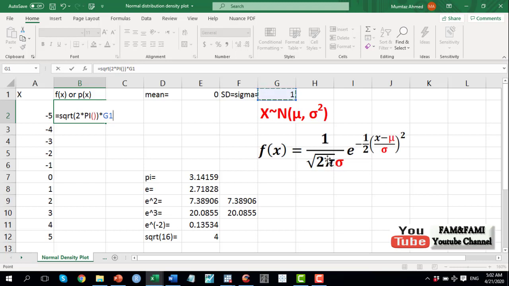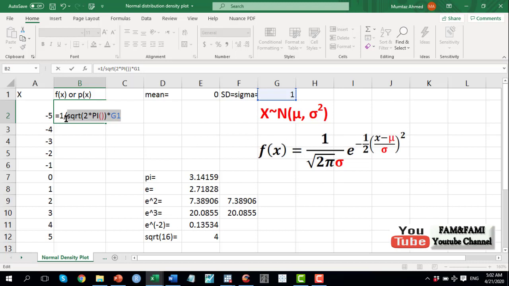Now this first part of the expression is 1 divided by this. So what I'm going to do is put 1 at the start and then slash for division, and then this whole thing is coming in the denominator of this fraction.